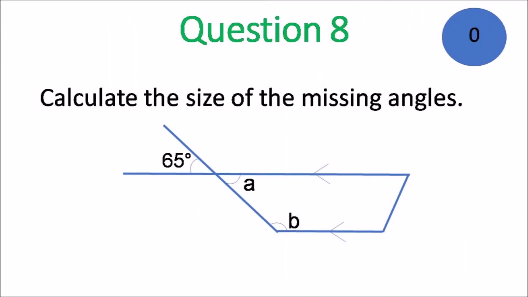Calculate the size of the missing angles. So you're talking about angle A and angle B. This is geometry, simple geometry. Let's see how you tackle this. Timer is off and running, guys.